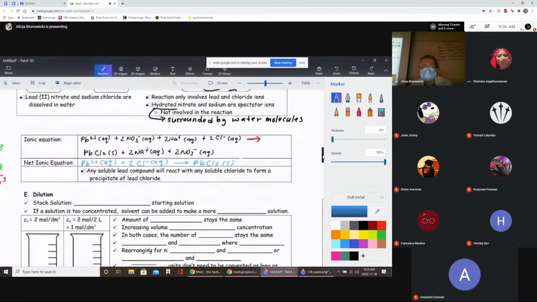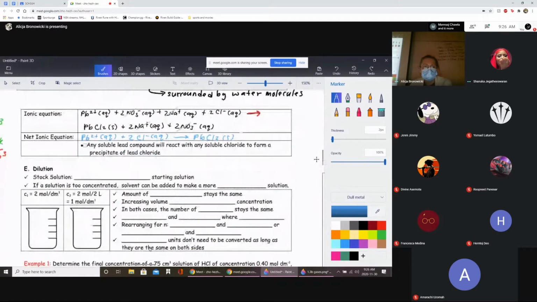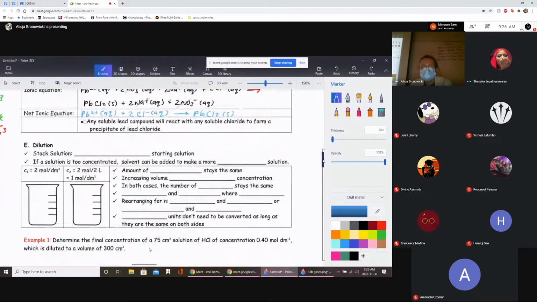Okay, so dilution. And again, if you want me to go over anything, just ask. Okay, so a stock solution is a concentrated starting solution.